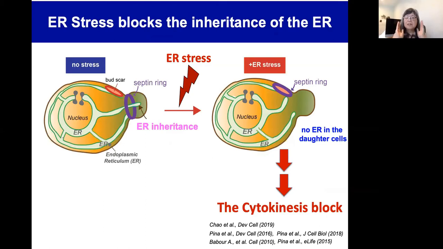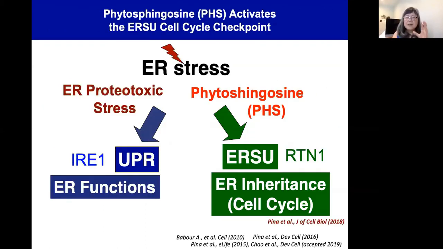So cell cycle stops. And in the meantime, UPR is being turned on, and this will allow all the functional capacity or even size of the ER to adjust enough to undergo division into 2 cells. And when that occurs, cell cycle block is released, and cells can go back into the cell cycle.